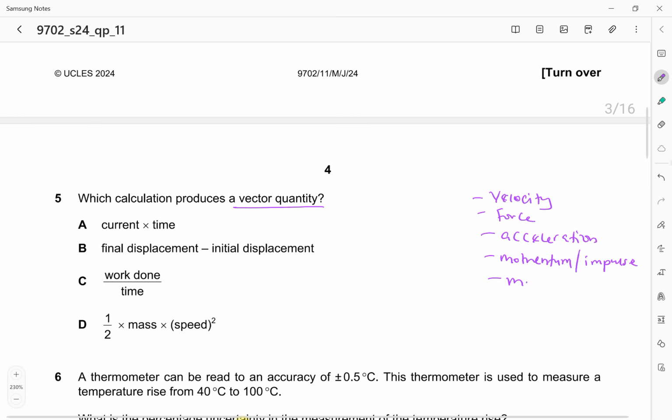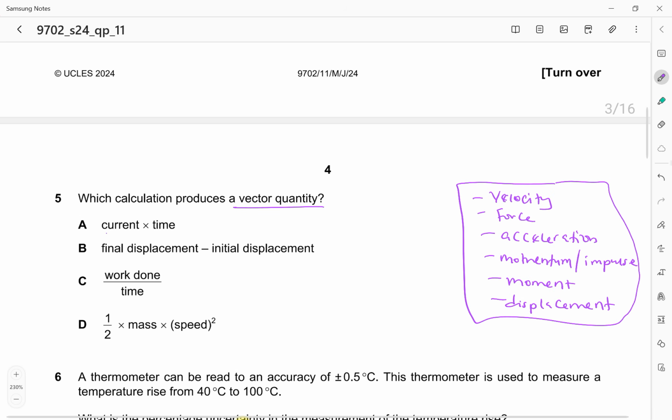We talk about moment, and we talk about displacement. These are the only vectors you should be thinking about in your AS level, because the others are in A level. So we have to look for which of the products gives us one of these.